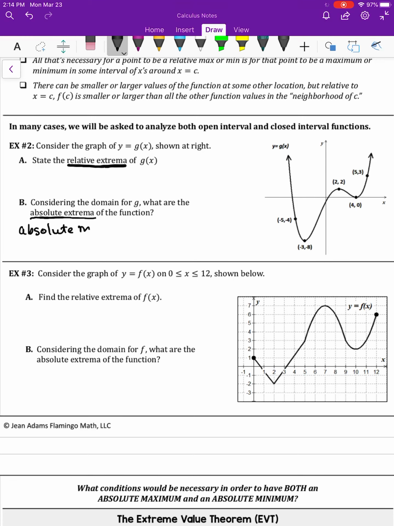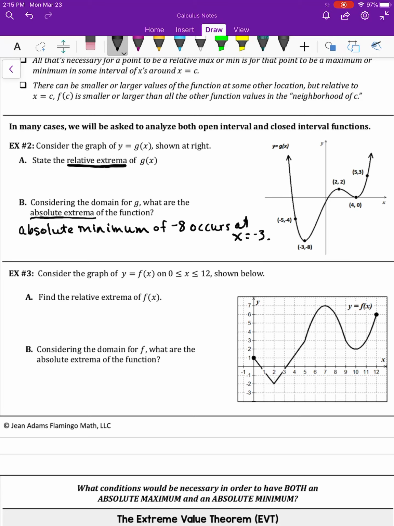Let me erase that. I'm writing funny here. Absolute minimum of -8 occurs at x equals -3.